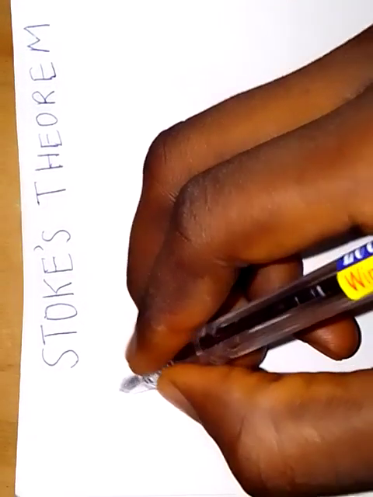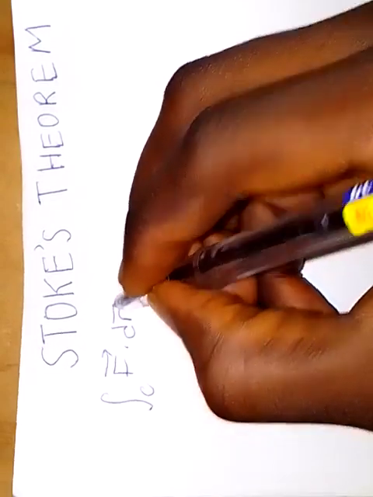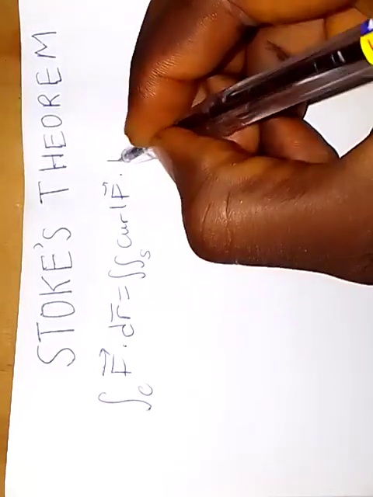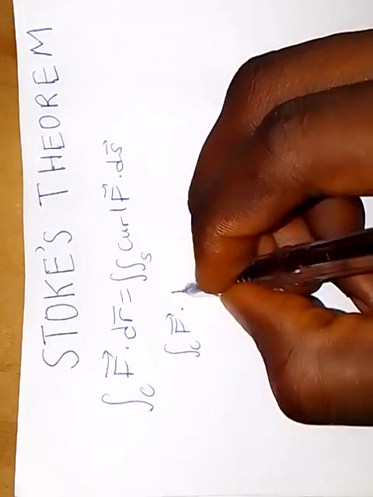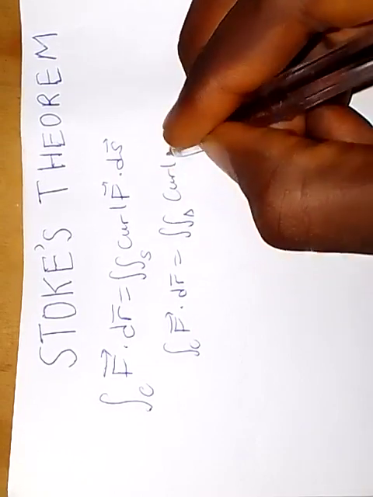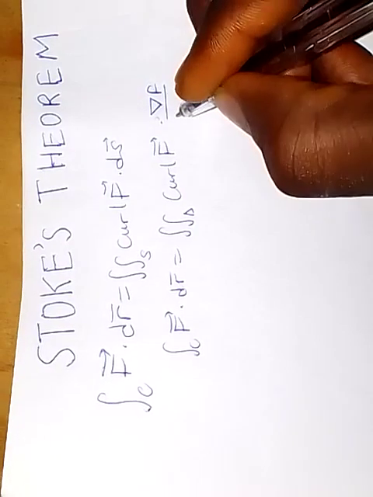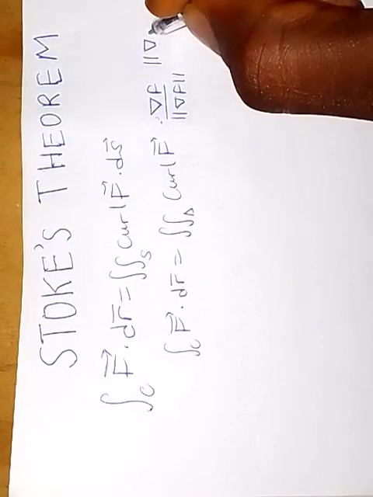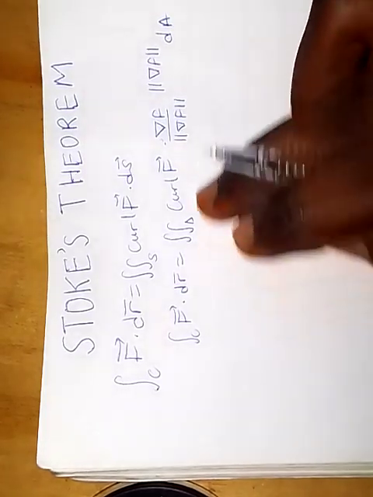Stokes' theorem says that the line integral of F, which is a vector field, dot dr, is simply equal to the double integral of curl F dot dS, which can also be written as: the integral of F dot dr equals the double integral over D of the curl of the vector field dot the gradient of small f over the norm of grad f, times the norm of grad f dA. So this is just the basic formula for Stokes' theorem.